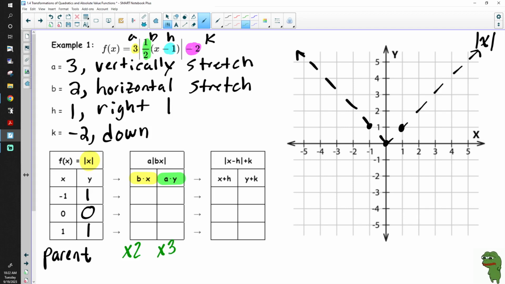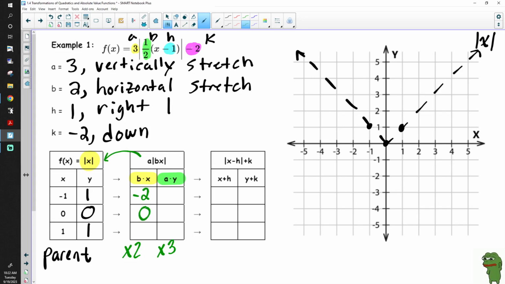You always look at the last table you made to help you out. So all of these x values multiply by 2. All of the y values we multiply by 3. So let's do it. What is -1 times 2? Yep. What is 0 times 2?